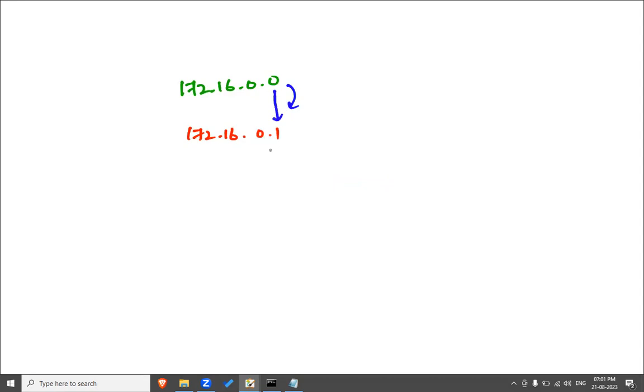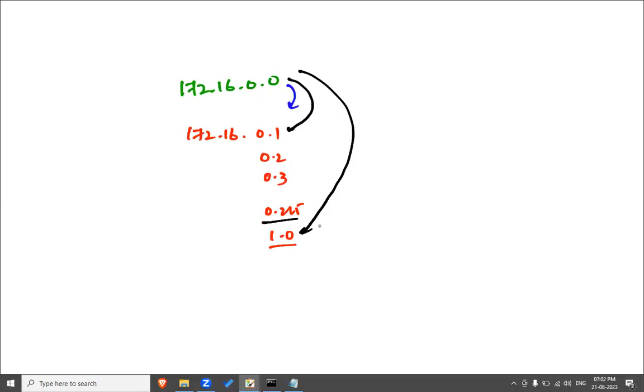You have to increase only here. So 0.0, next is 0.1. Then 0.2, 0.3, and once you reach 0.255, only then do you get 1.0. So next to 0.0 is 0.1, not 1.0. 1.0 will come after 0.255 only. Got it? Very good.